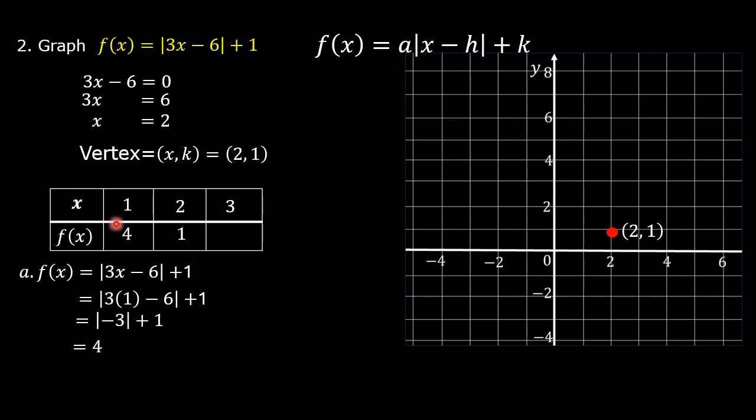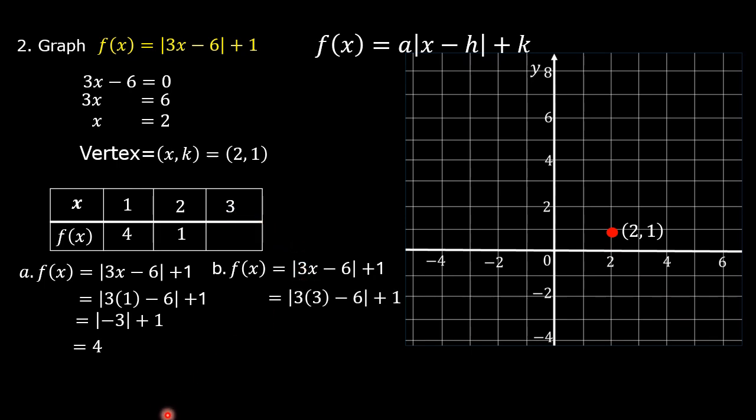Let us say when x is 3. 3 is greater than 2. So we have f of x is equal to the absolute value of 3x minus 6 plus 1. We substitute 3 for x.